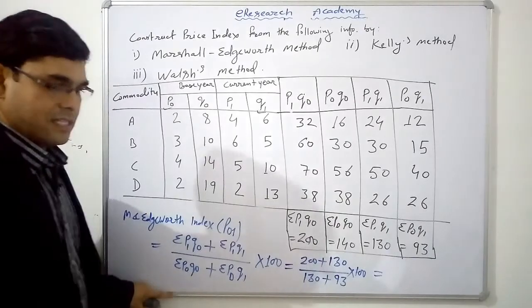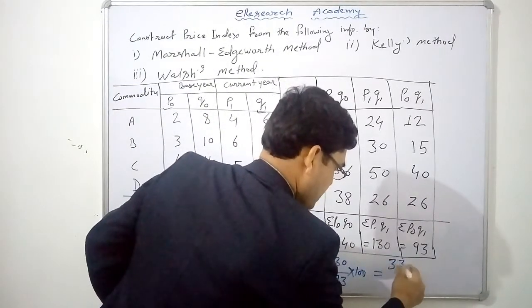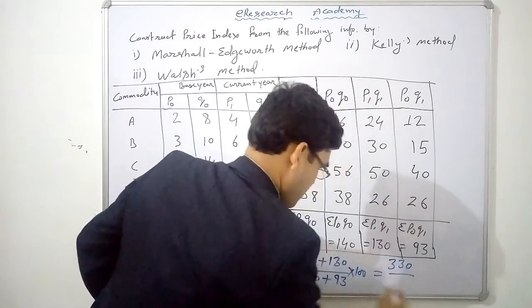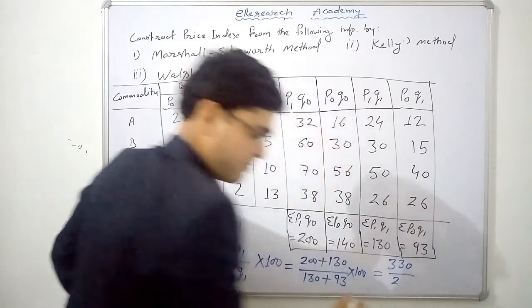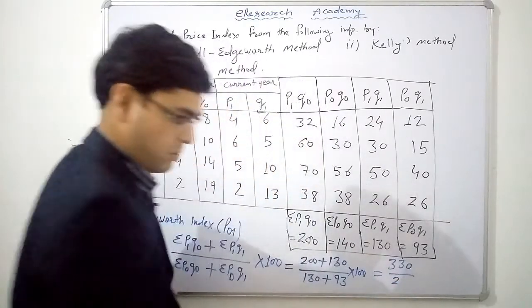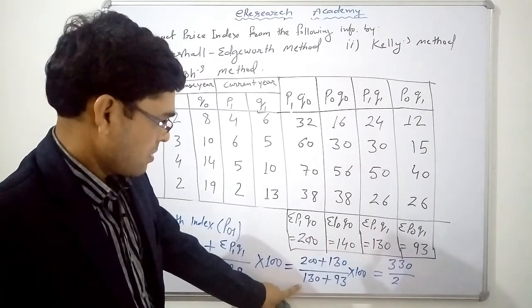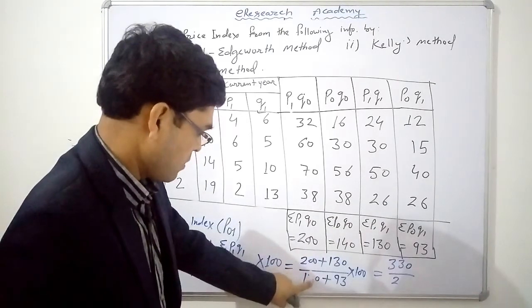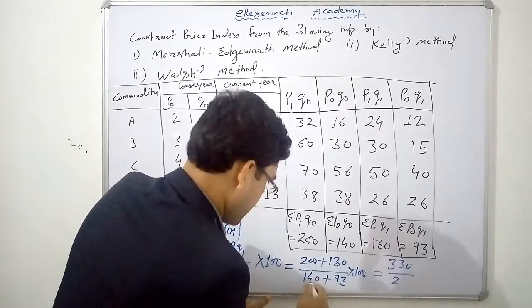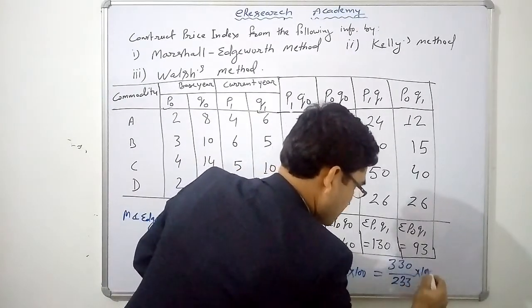So this gives us 330 upon 233, into 100.